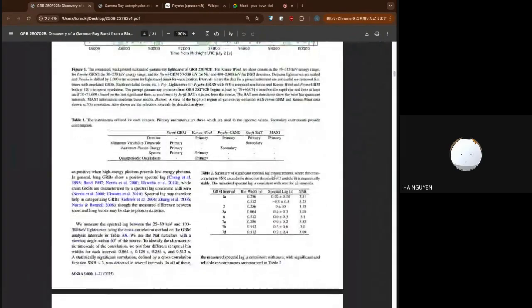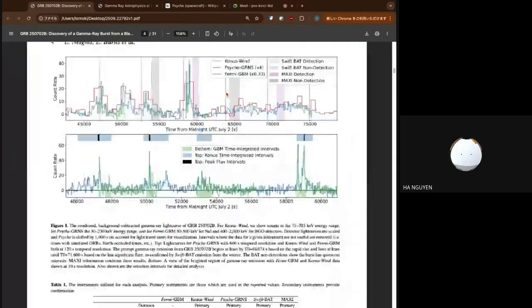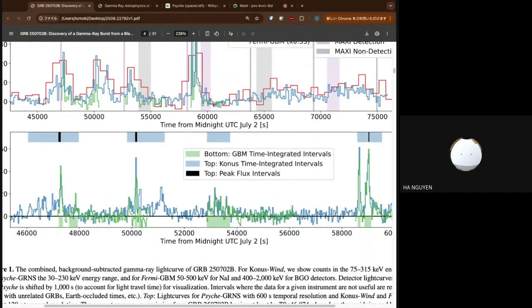So it's the changes of all three of the color lines, or... Sorry, could you say again? You said the variability time scale is the changes of the color line, right? Yes.